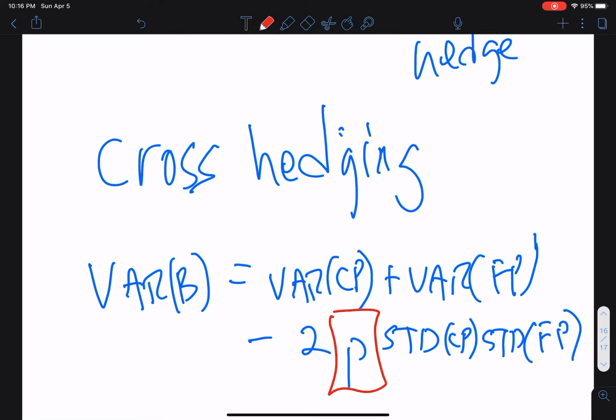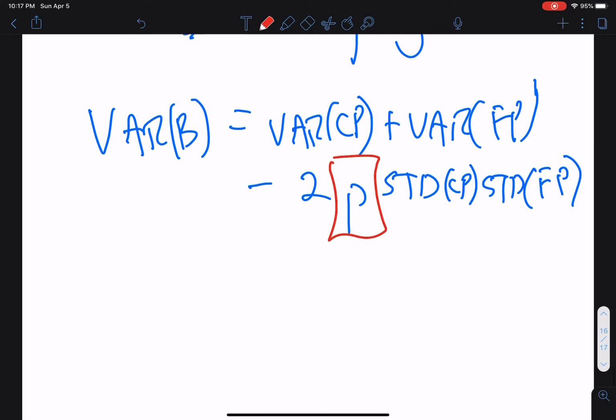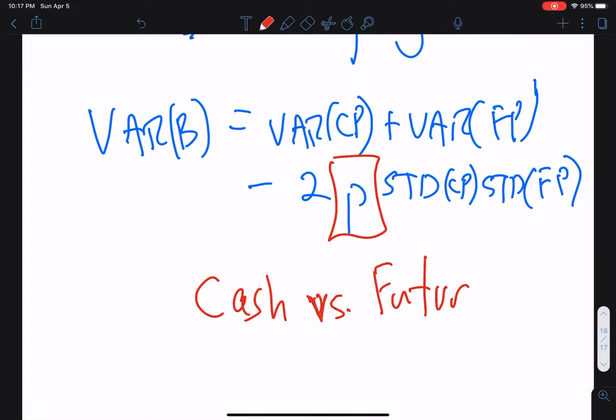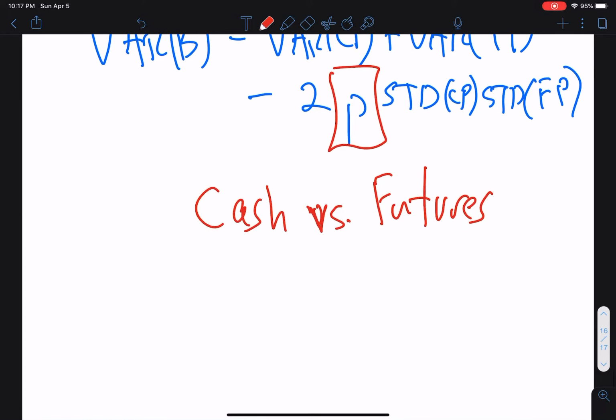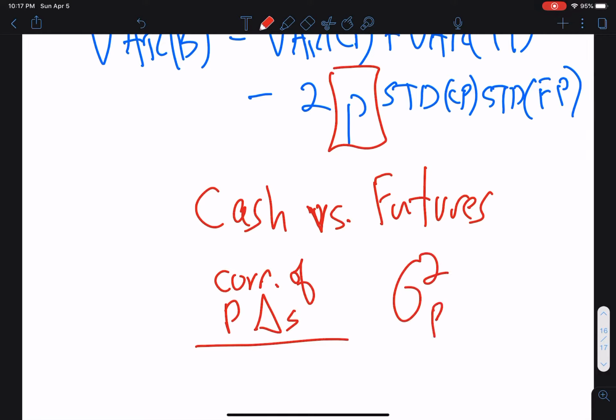And as the correlation of price changes, you can imagine a table, cash versus futures, and you have a column showing the correlation of price changes, another column showing the variance of the basis.